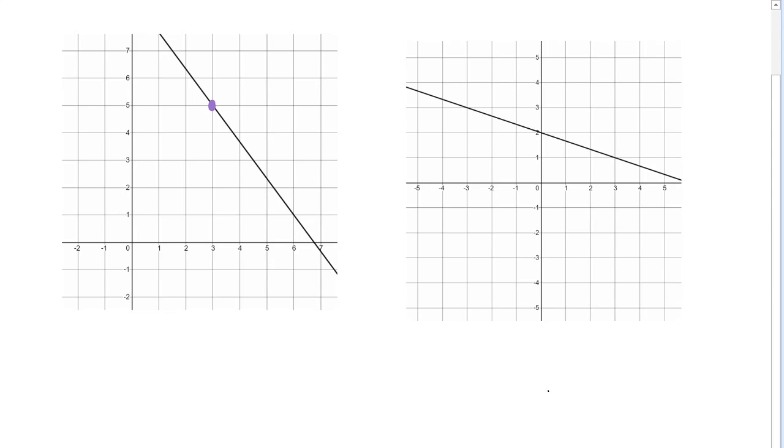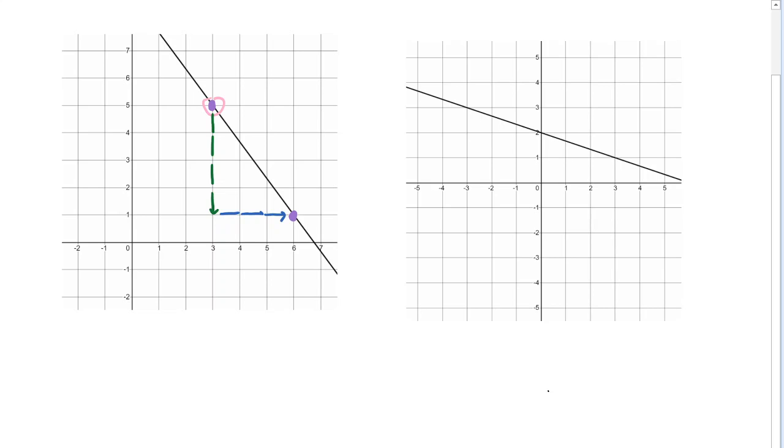So I'm going to pick this point. It's a very clear point to me. And it looks like there's another point down here that's very explicit. And so what's the slope of this line? What's the slope between these 2 points? Well, if I start at this point on the left, the change in y is down 4 units for 3 units to the right.